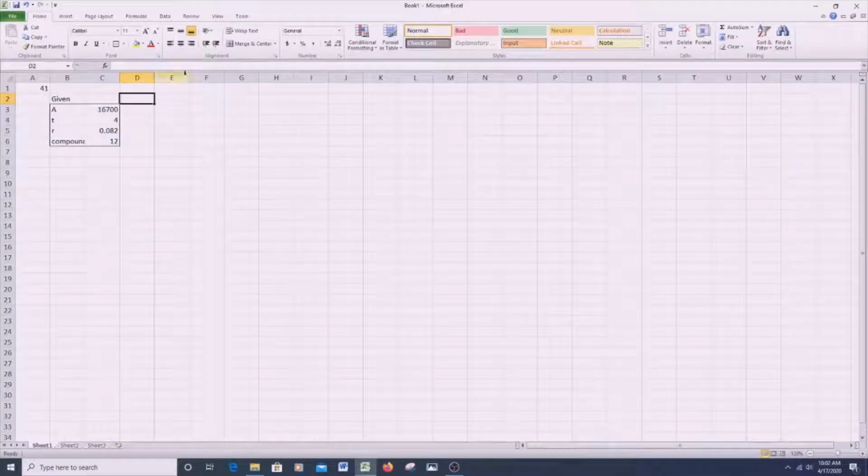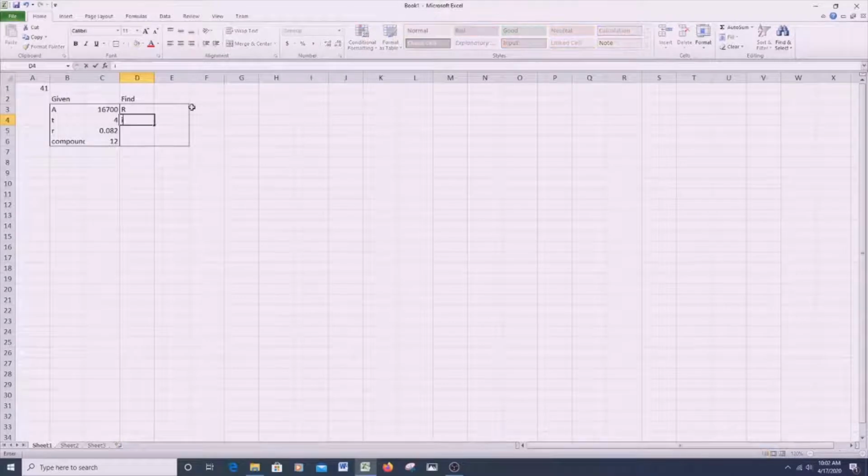And in order to do this, we need to find the following. We need the payment, we need the period interest, and we need the number of payments. So the period interest is the annual interest rate divided by the compounding.